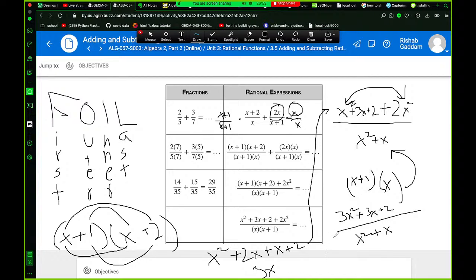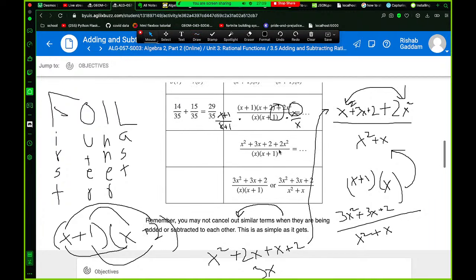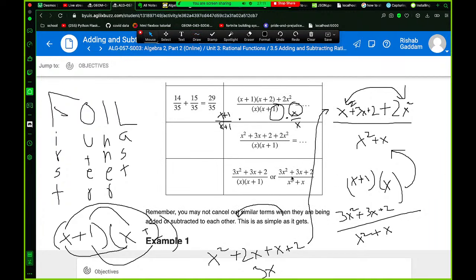And as you can see, we don't get the same answer as this for some reason. But I'm pretty sure, okay, yeah. We basically do. This is just not simplified yet, see? We got the same thing as them. They just didn't add these two common terms yet. So, yeah, obviously, it works out for them in the end. And we got the same answer. So that's x squared plus 3x plus 2 over x squared plus x.